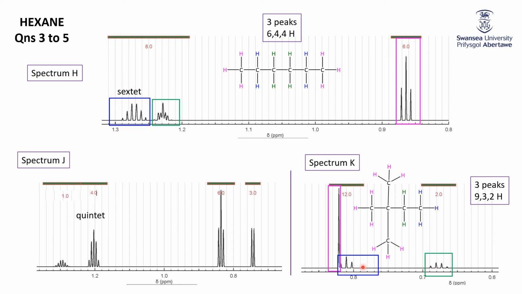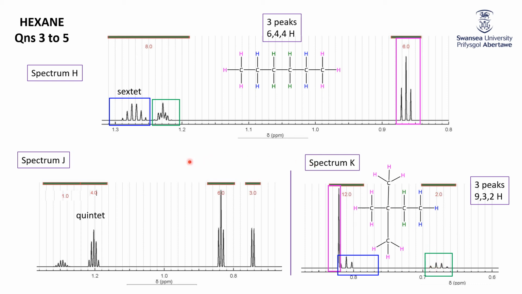Something I'll mention several times again, I would think, is that this pattern, where you've got a triplet of 3 hydrogens and a quartet of 2 hydrogens, is very, very indicative of an ethyl group, as long as that ethyl group is bonded to something that's not going to split the green ones further. So be aware, a lot of times when you see a 3 hydrogen triplet and a 2 hydrogen quartet, start thinking of an ethyl group.